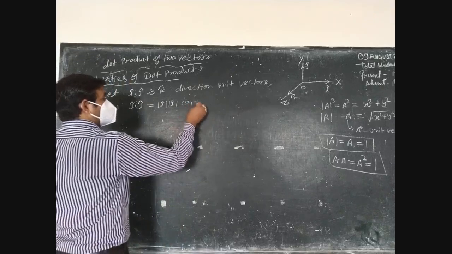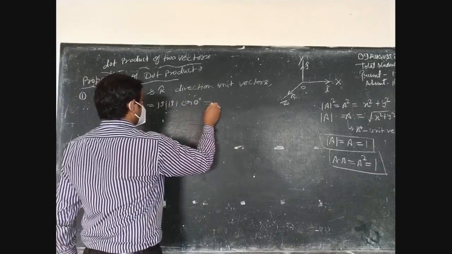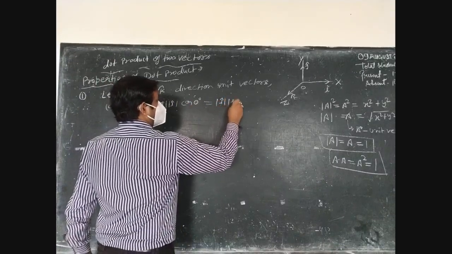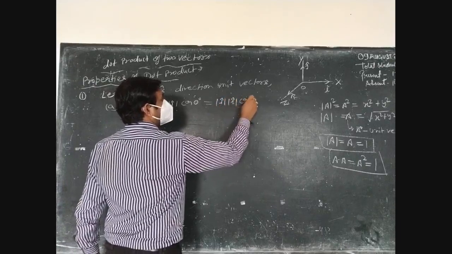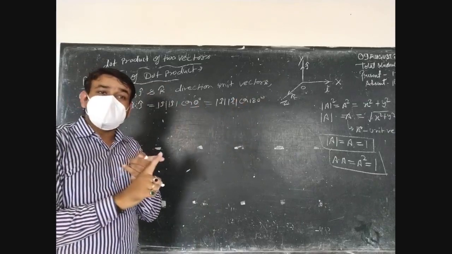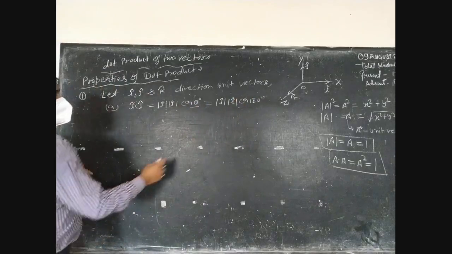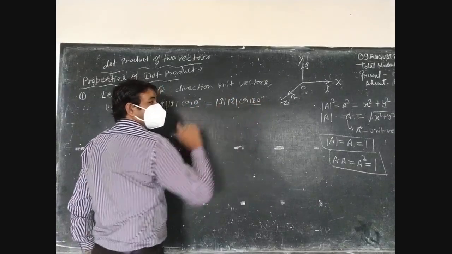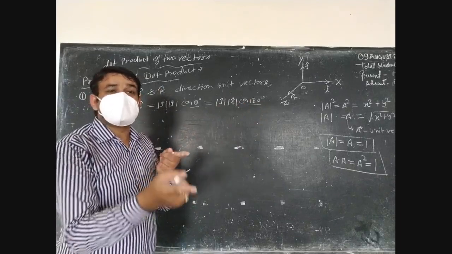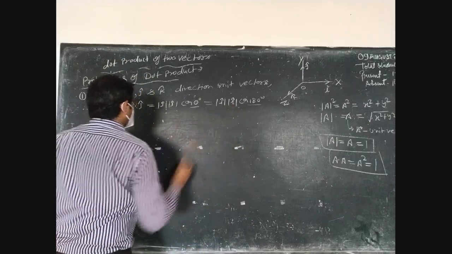So here we use theta equal to 0 degrees. The other situation, cos 180 degrees, is when one vector is acting along positive x direction and another along negative x direction.